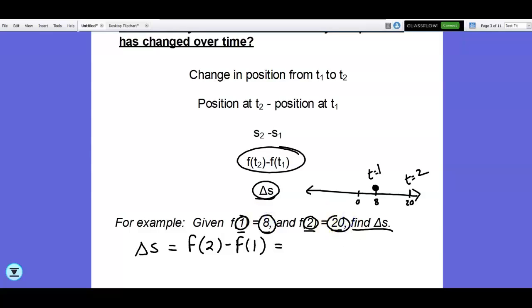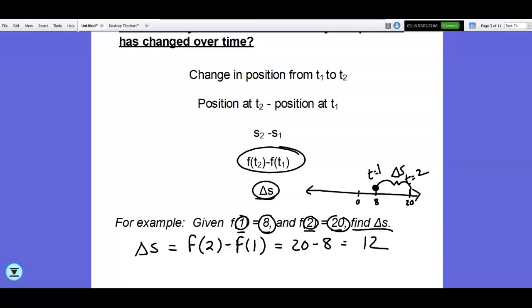So f of 2 minus f of 1 is 20 minus 8, which is 12. And what this basically indicates is how far apart those two spots are located. So from 8 to 20 is a total of 12 spaces apart. But it also indicates the direction that we traveled. Okay, and we'll talk about that on the next slide. But that's what delta S is.